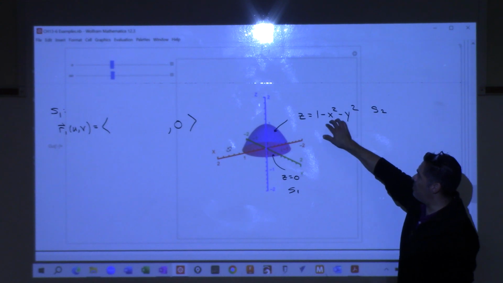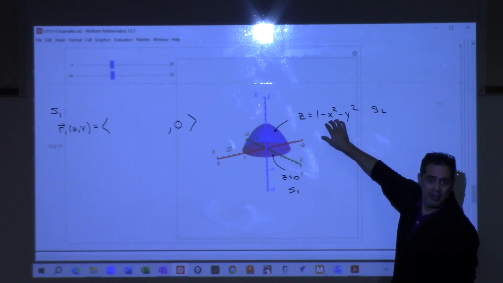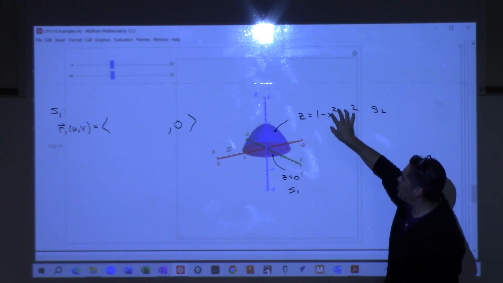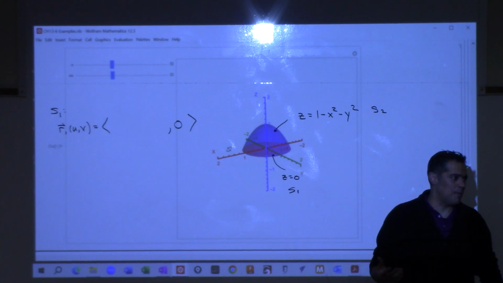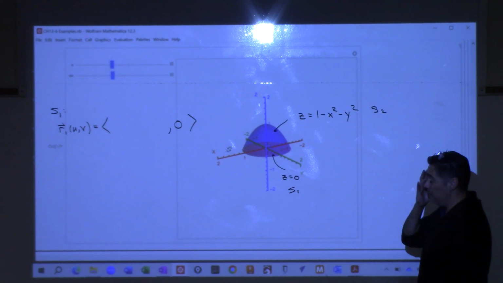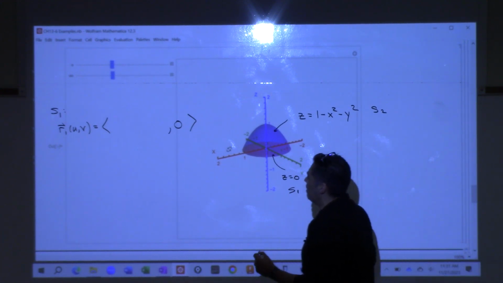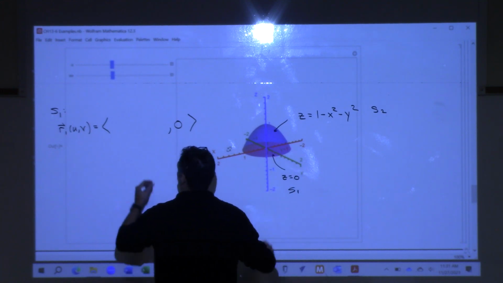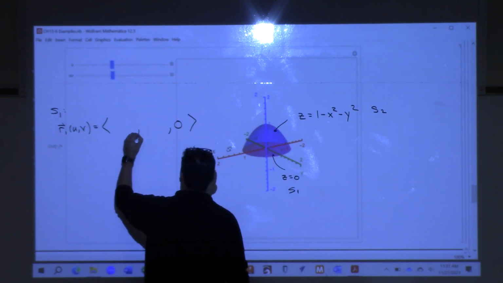Now, if you couldn't tell from the picture that that's radius 1, how could you determine it's radius 1? You could figure out where this hits the ground, right? The ground means z is 0. Set that to 0, move the x squared, y squared to this side, and you get x squared plus y squared equals 1, which is a circle of radius 1. But I'm just going to go off of that. We already kind of see that. And so I need to draw in the x, y plane, not a circle, a disk, right?